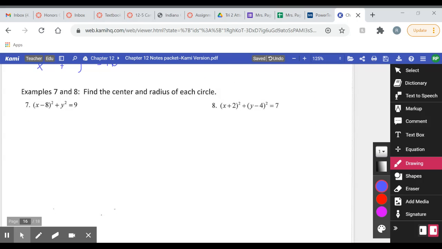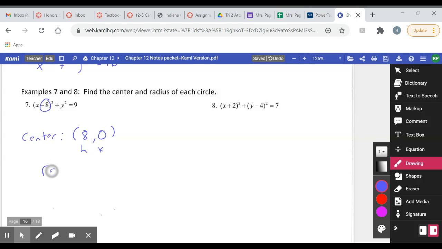And last little bit here. So if they want us to find the center, then again, my center is h, k. My h is basically the opposite of this number, which is positive 8. And my k is what comes after the y, but since there's not a number right after the y, then that is 0.